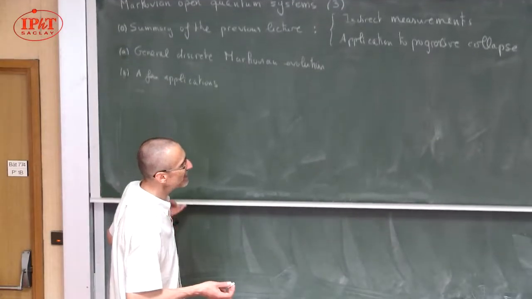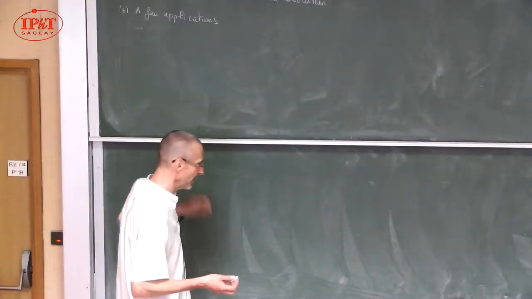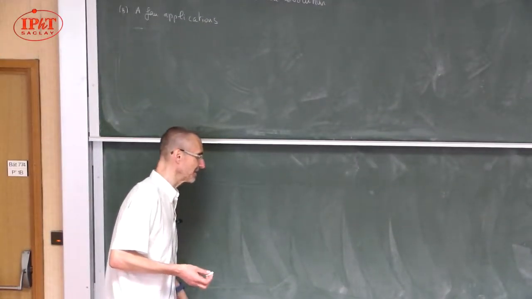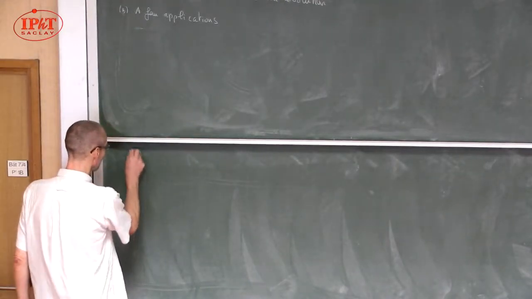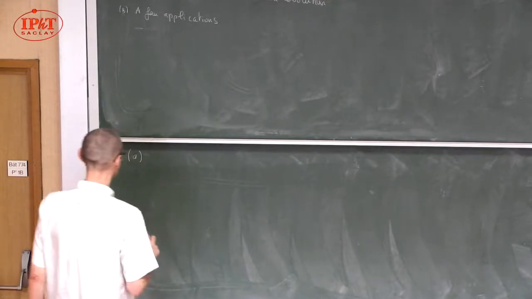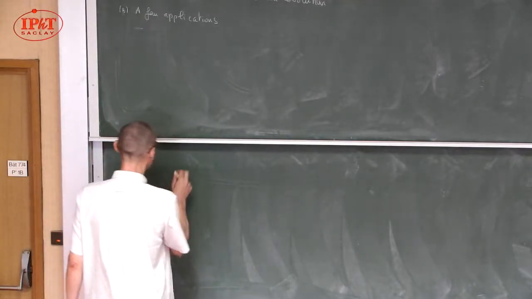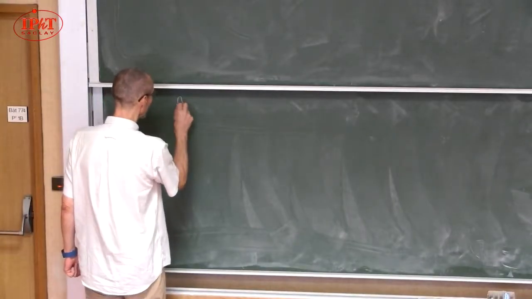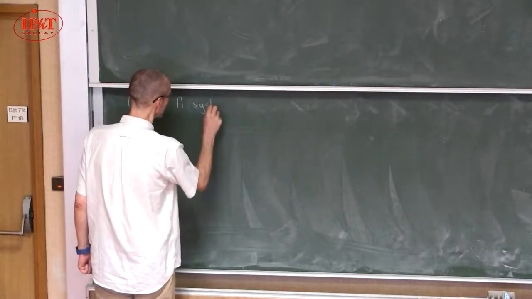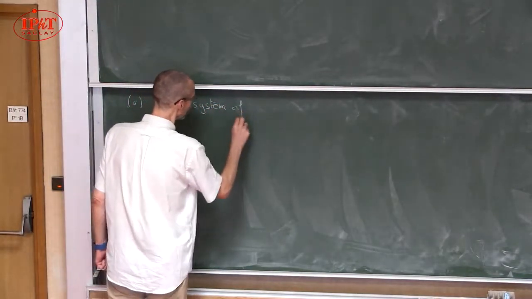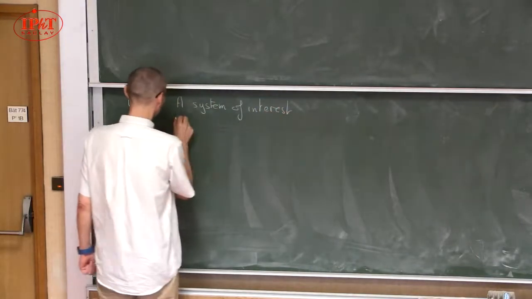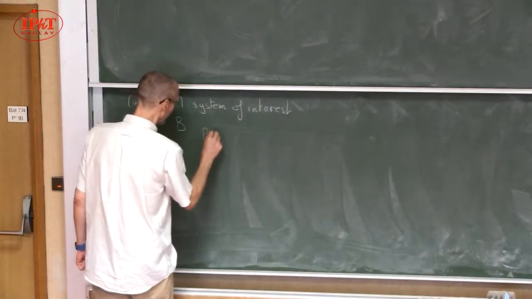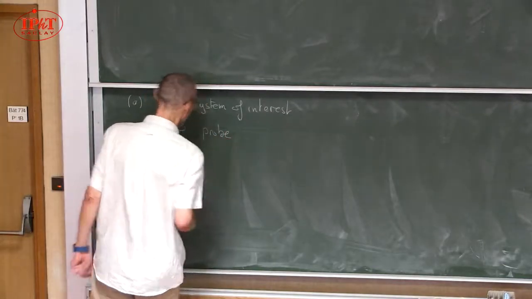So we go back to indirect measurements, and let me just recall our main result. I will try to write larger equations. So we had A, which was the system of interest. B was a single probe.